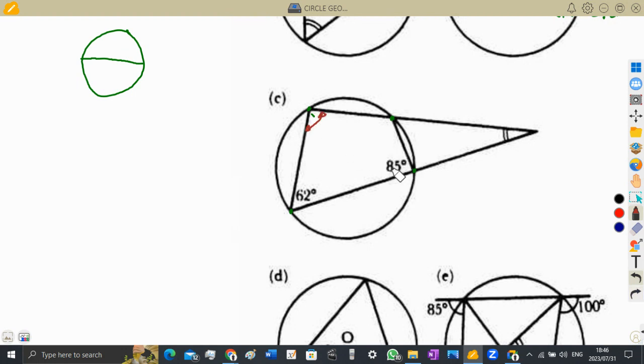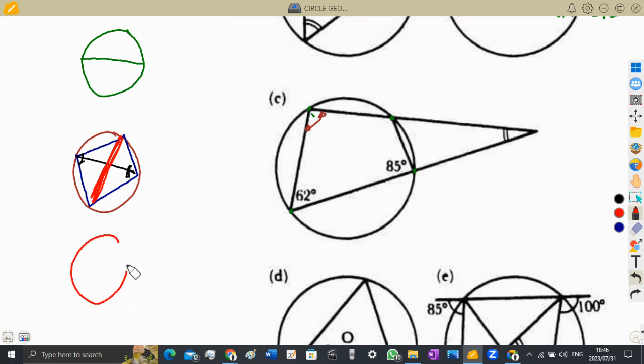We say this is a cyclic quadrilateral. What are the theorems that we have on a cyclic quadrilateral? We said opposite angles of a cyclic quad should add up to 180 degrees. If you are given a cyclic quad, if you add opposite angles like this one, they must give you 180 degrees. If you add these opposite angles here, they must give you 180 degrees. And also the exterior angle of a cyclic quad is equal to what?